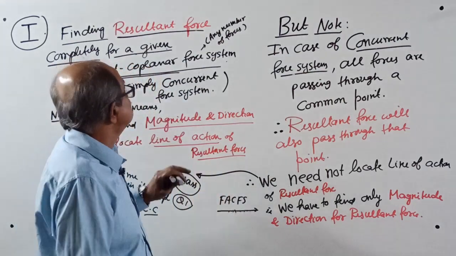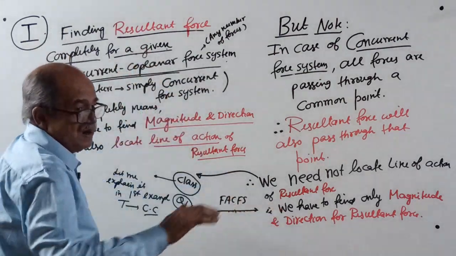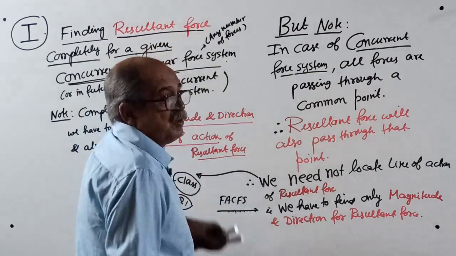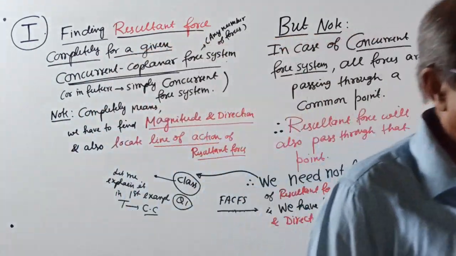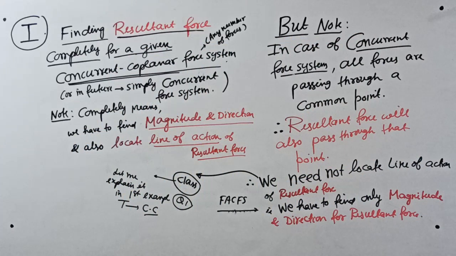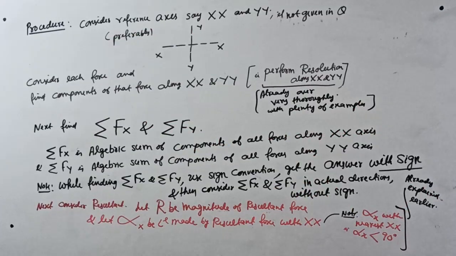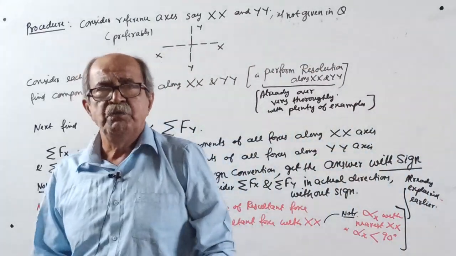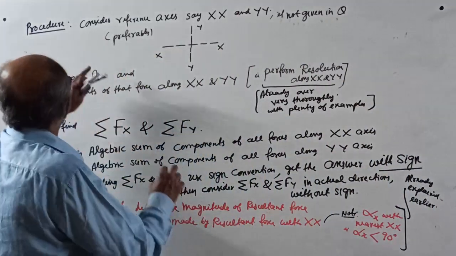Okay, over. Now I come to procedure. I told you resultant for a concurrent force system. Last step now. Almost over. Now, procedure. See, simple procedure.